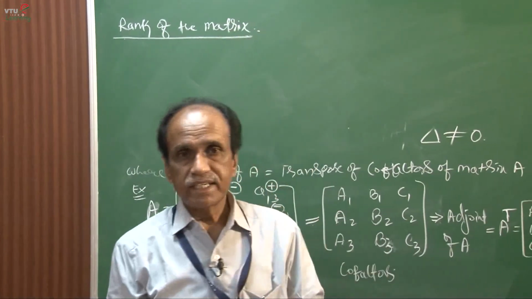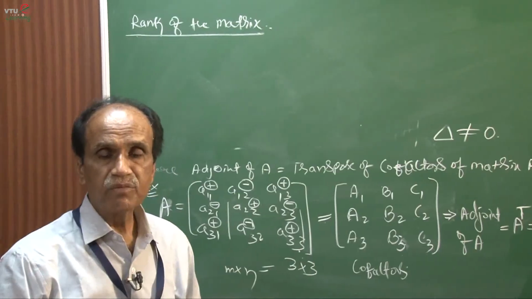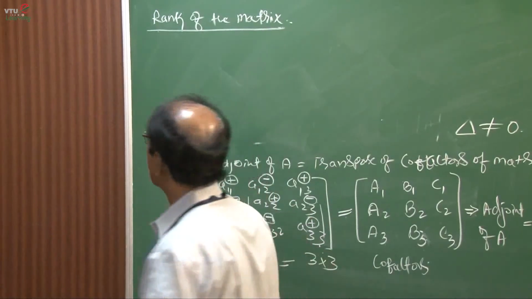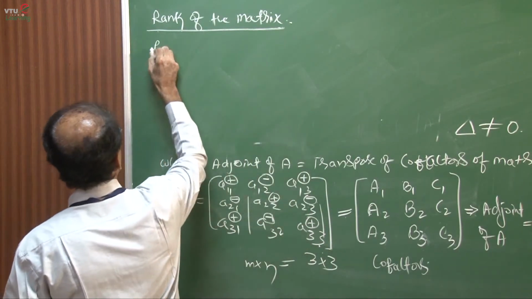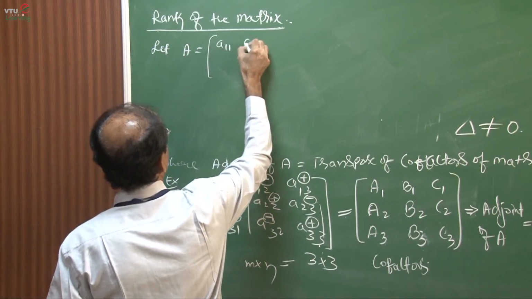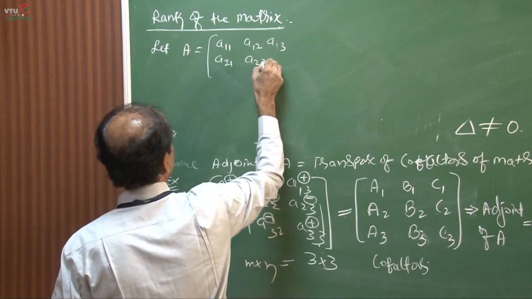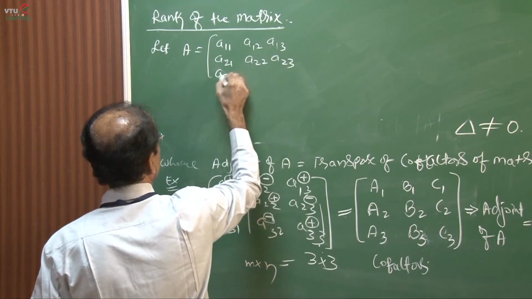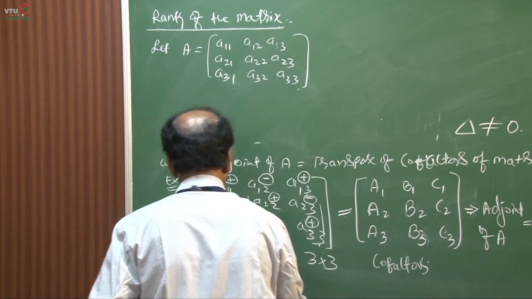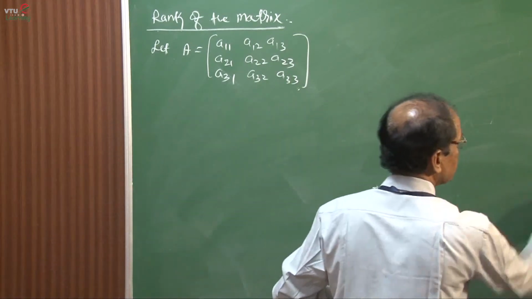Now, suppose I take the first matrix with the number of rows and number of columns as 3 cross 3. Let A be the matrix with entries A11, A12, A13, A21, A22, A23, A31, A32, A33. What is the order of this matrix?